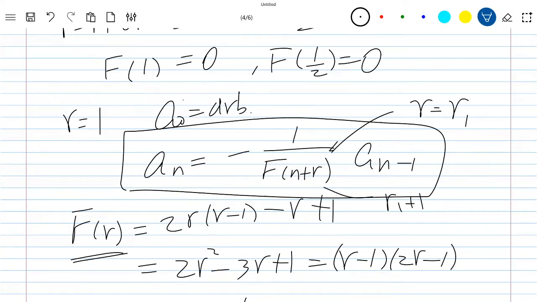That's not a root. And by the way, when I say r1, I mean r1 is greater than or equal to r2. Then when you plug in r1, this number will take on value r1 plus 1, r1 plus 2, etc.